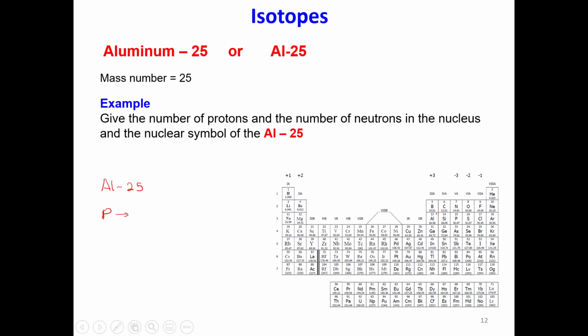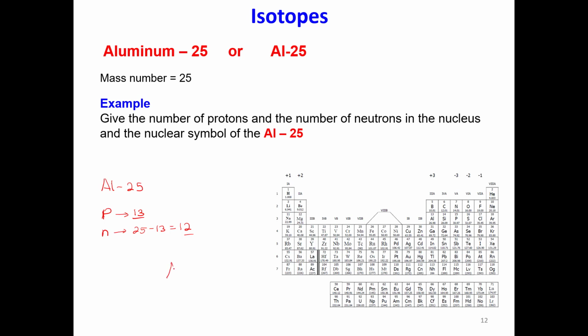Because here is the atomic number, 13. And the way we can find the number of neutrons is 25 minus 13, which is 12. So 13 protons and 12 neutrons.